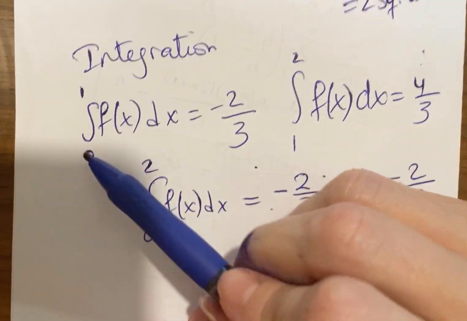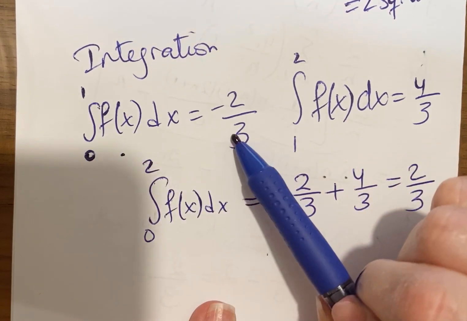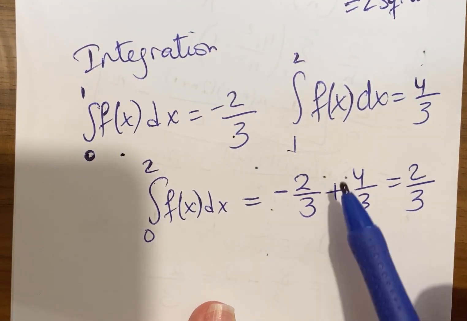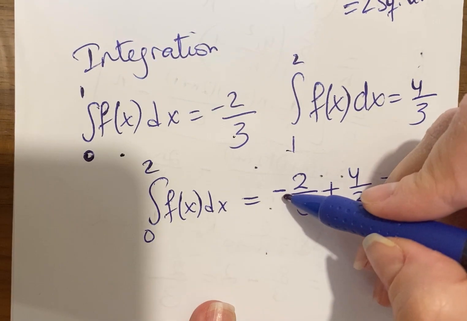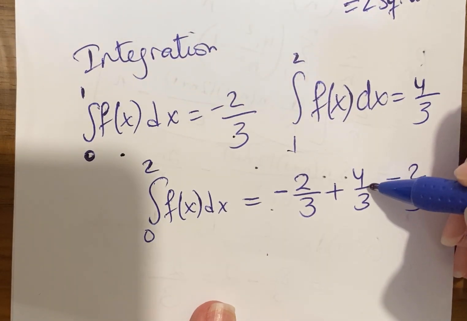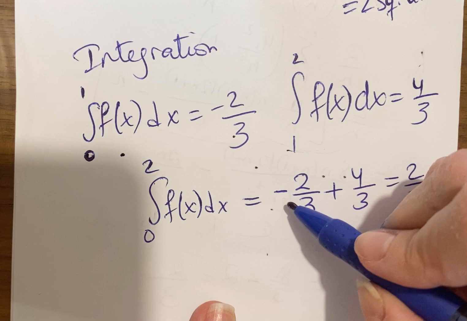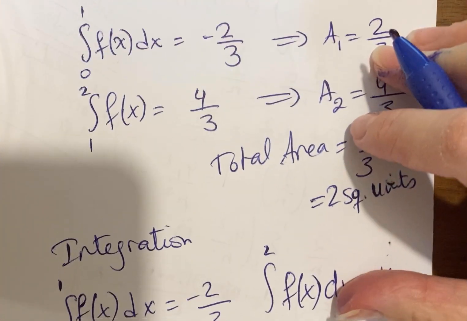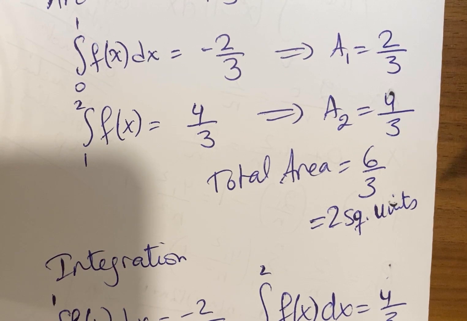So when you do the net change from 0 to 1, then the net change from 1 to 2, you add them all together without changing signs. See, if you move 2 steps backward plus 4 steps forward, then the displacement is minus 2 plus 4, 2. Whereas when you move 2 steps backward then 4 steps forward, what is the total number of steps that you took?